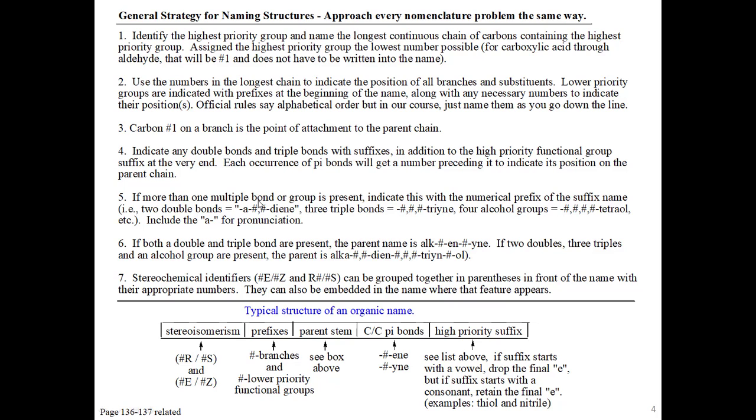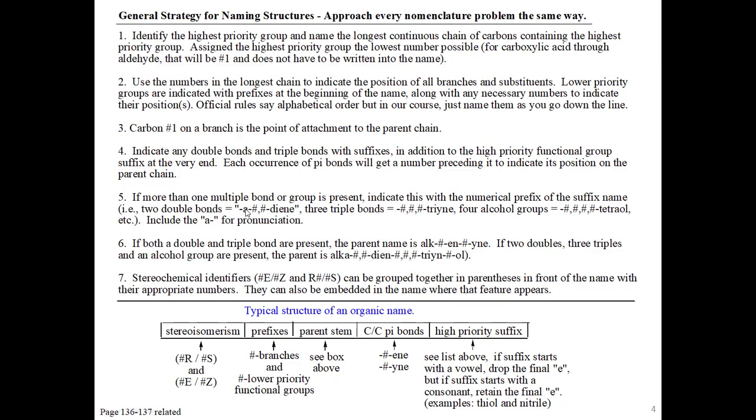Okay, if you have more than one pi bond, then we have to use a little prefix. So if you had 2 of them, you would say di. If you had 3 of them, you would say tri. If you had 4 of them, you would say tetra, and so forth. Now, if we put in something in front of the diene, if we have a di, it starts with a D, we have to put in a vowel for pronunciation.